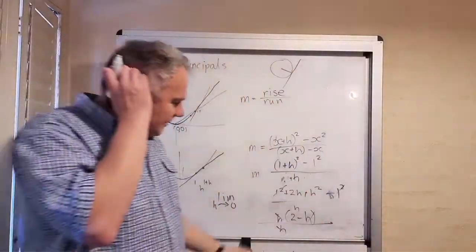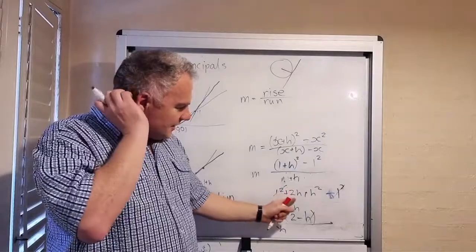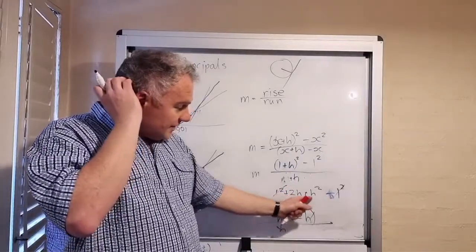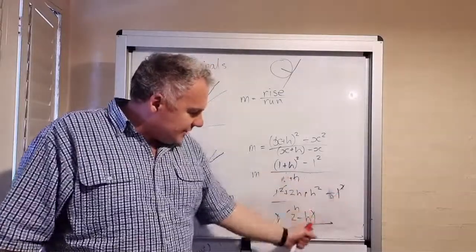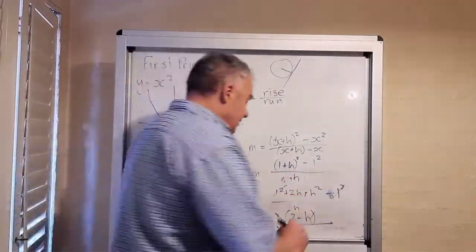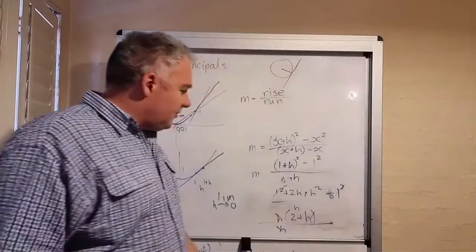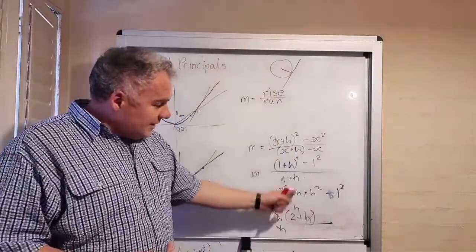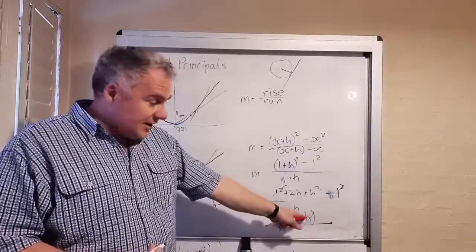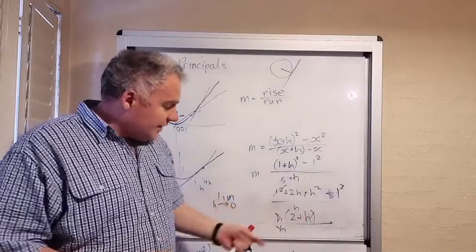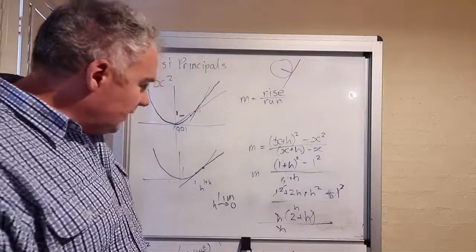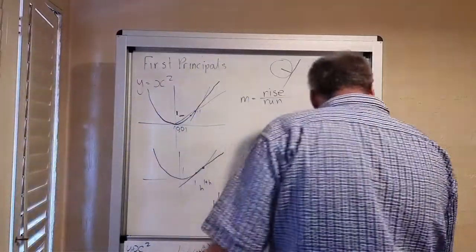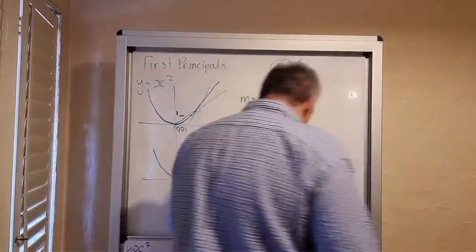And you're left with 1 squared plus 2h plus h squared minus 1 squared. The 1 squareds cancel. You factor out the h and you're left with 2 plus h. The h from the bottom goes, and as it's h over h, that factors out to 1.